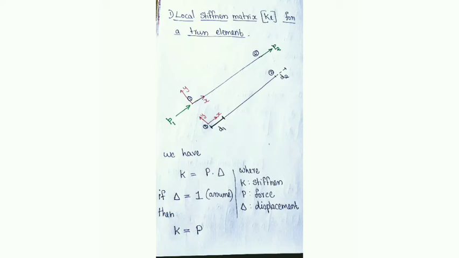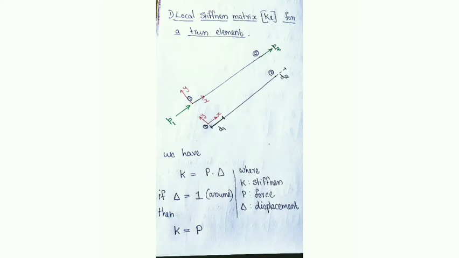Now we have a relation, that is K is equal to P by delta, where K is the stiffness, P is the force and delta is the displacement. If we assume this displacement delta as unity or 1, then K will be equal to the force. That is, stiffness will be equal to the force acting in the member.